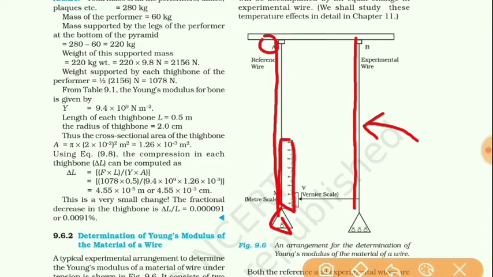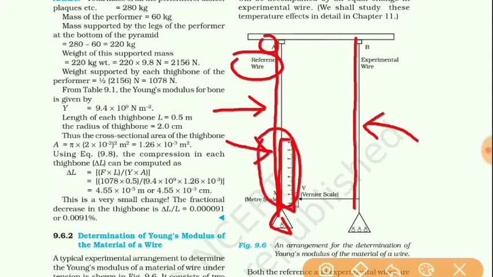And to measure how much the length increases, this wire known as the reference wire is used. You can see on this reference wire a scale is attached. This scale is known as vernier calipers. A vernier calipers is an instrument with which we can measure small lengths.